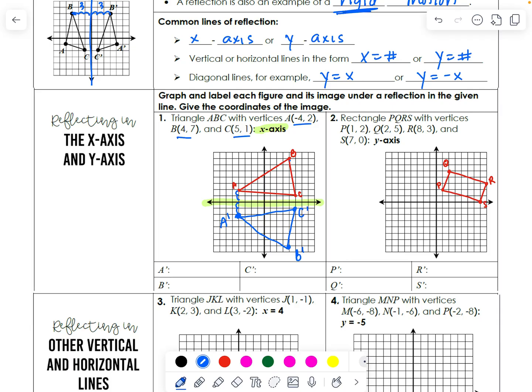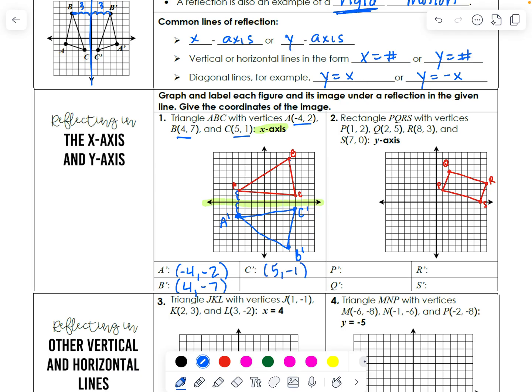So A prime is now at -4, -2. So again, what do you notice is different between A and A prime? Let's look at B prime. B prime is at 4, -7. And C prime is at 5, -1.